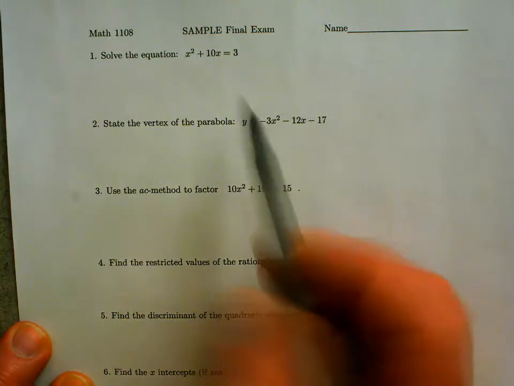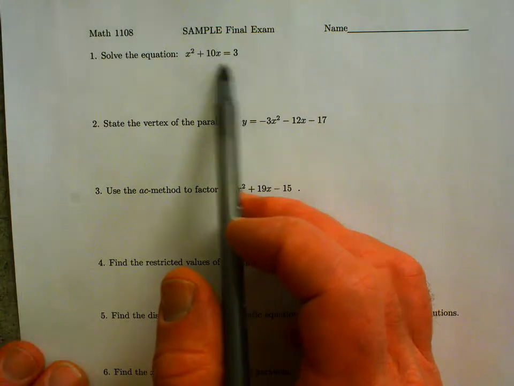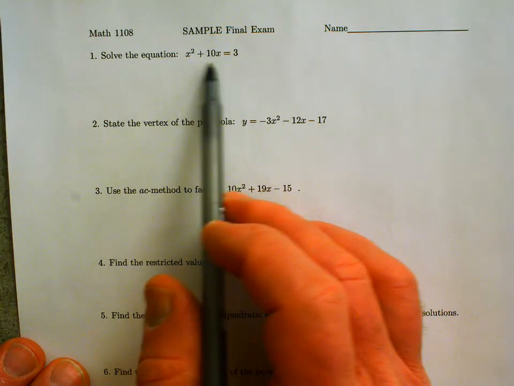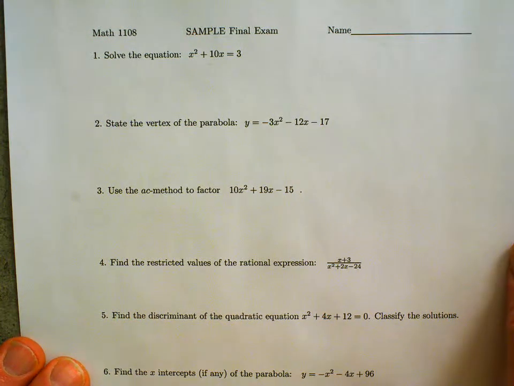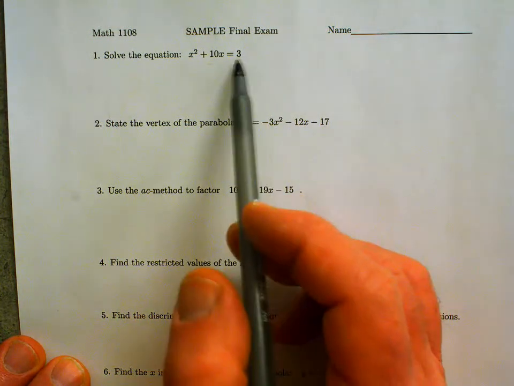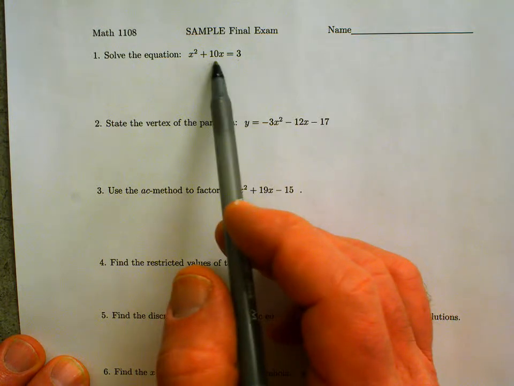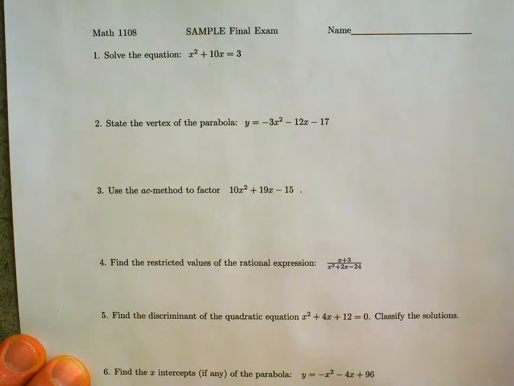Well, this is a quadratic equation. We have multiple ways to solve quadratic equations. So one way is subtract 3 from both sides, so x squared plus 10x minus 3 equals 0, and then use the quadratic formula.